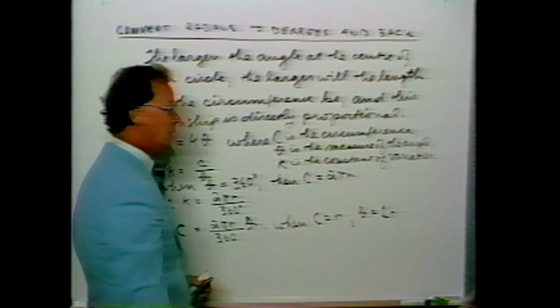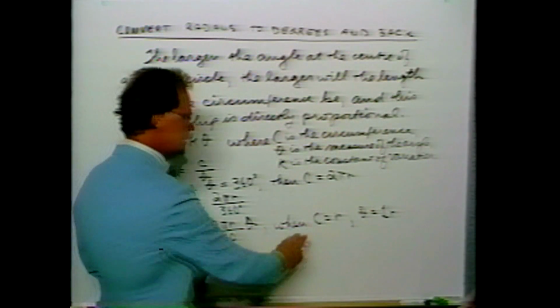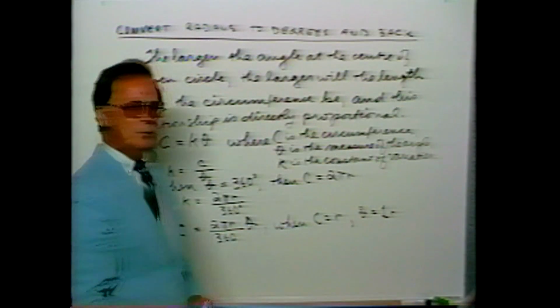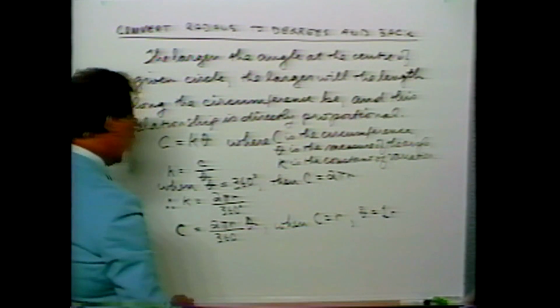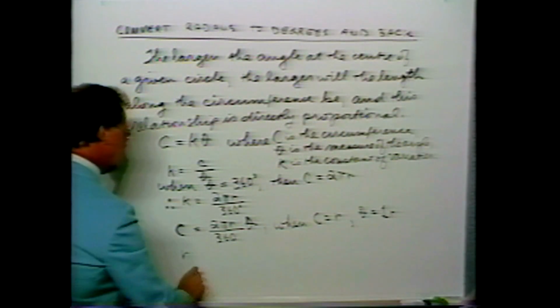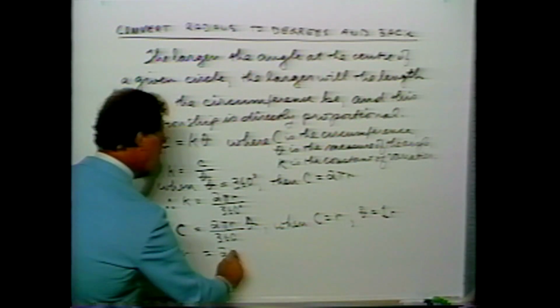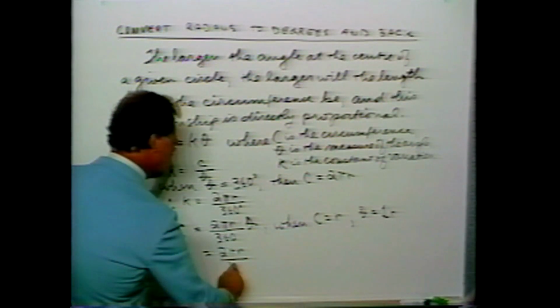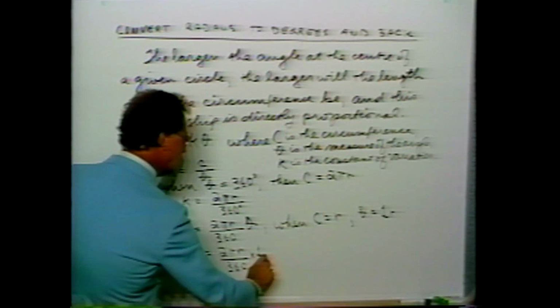And I will use small r to indicate a radian measure. Substituting C and theta for the final conditions, we end up writing that r, for the length of the radius, is equal to 2 pi r over 360 times theta, which is 1 radian.